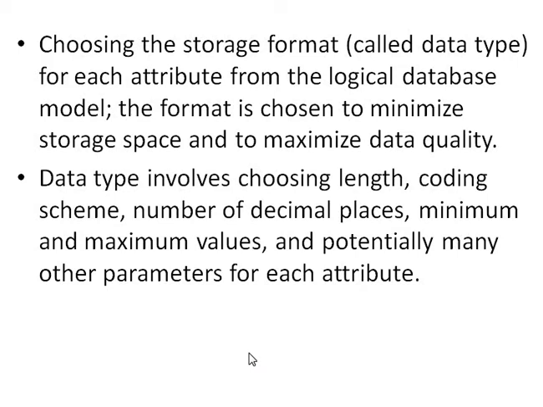So when he wants to choose any data type, he has to think of the length of the data, how many digits it is going to store, how many characters it is going to store, and coding scheme, decimal places, how many decimal places he needs in the output, and the maximum and minimum values. For example, if it is an age, he has to think of what is the minimum age and what is the maximum age he has to take, and potentially many other parameters.